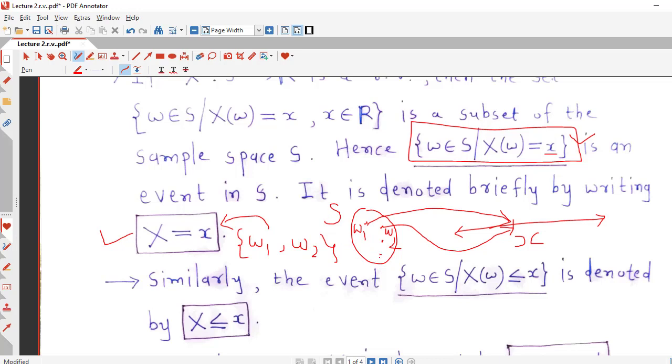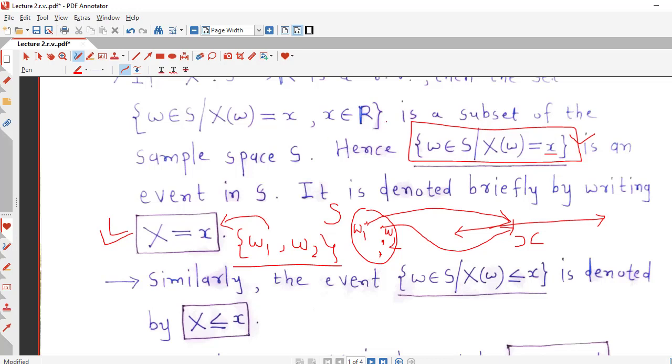We have 4 outcomes in the sample space, but we are collecting those outcomes whose image is x. So there are 2 outcomes, omega 1 and omega 2, whose image under the random variable X is small x. So this set omega 1 comma omega 2 is nothing but this event capital X equal to small x.